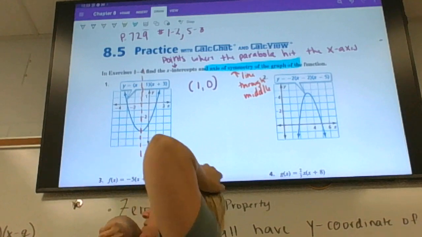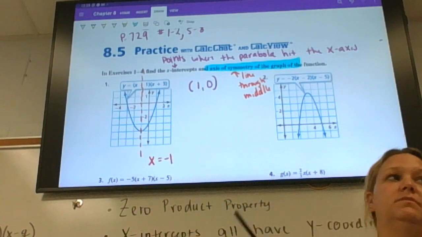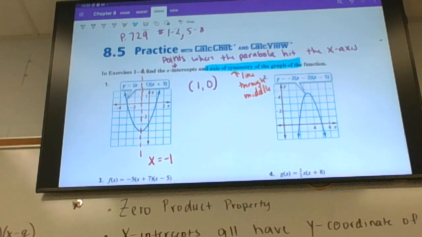In geometry, you'll do midpoint formula. Maybe you've actually done it before. Has anybody ever heard of midpoint formula? It's like x1 plus x2 divided by 2, y1 plus y2 divided by 2. So in geometry, you'll use that formula quite a bit to find the middle of lots of different things.